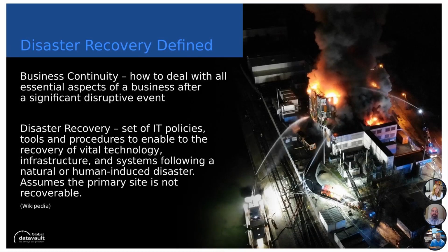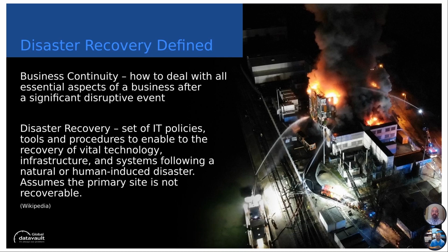One of the things that Trista mentioned, disaster recovery defined. So the difference between business continuity and disaster recovery. When you think about business needs, it's important to consider from a business continuity standpoint, everything that it takes to run your business. So essential aspects goes from people, phone systems, desks, chairs, places to work, anything that people need on a day-to-day basis to continue functions for the business goes into a business continuity plan.